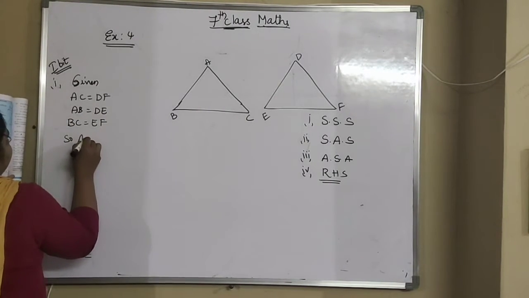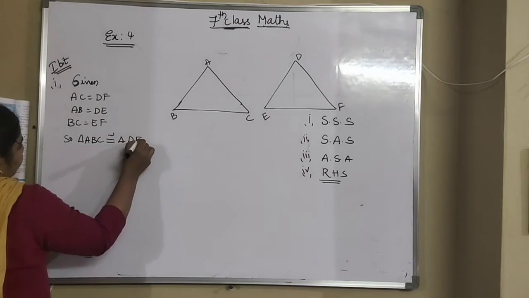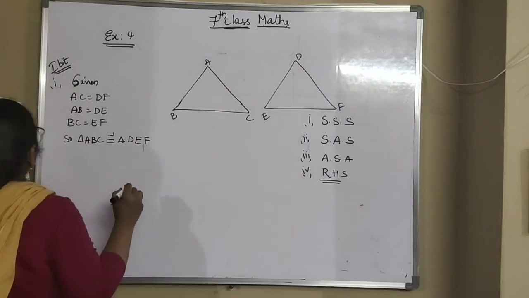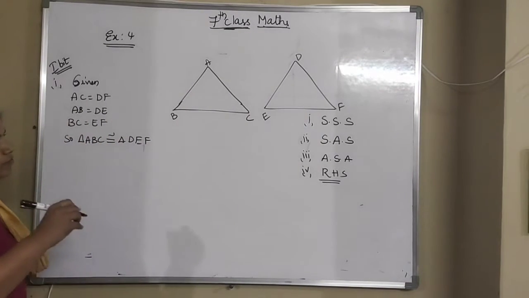So triangle ABC is congruent to triangle DEF. Okay, by using which congruency they are telling these two triangles are congruent, we have to check now.